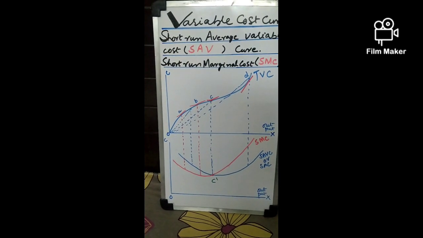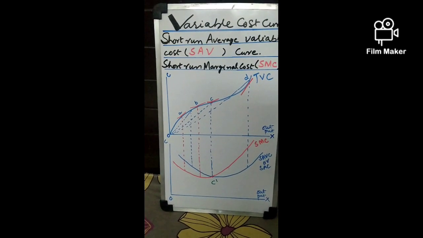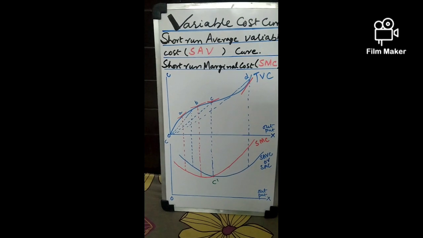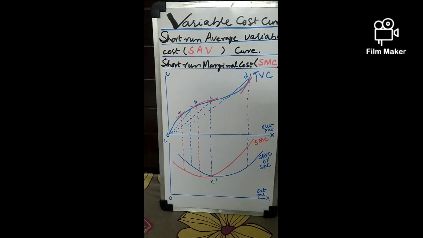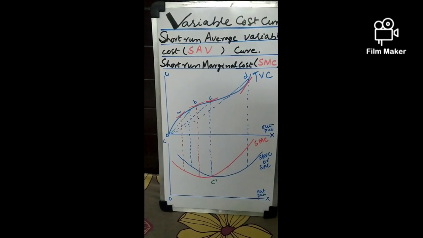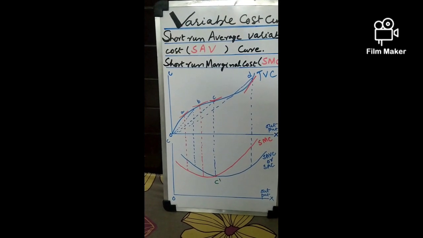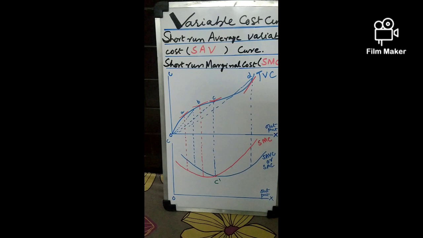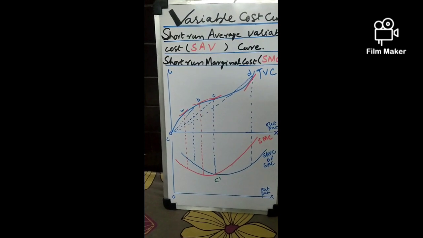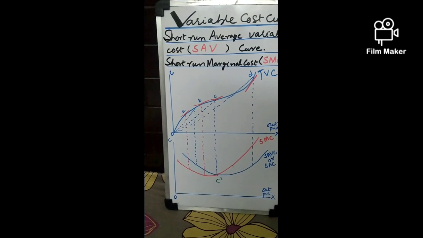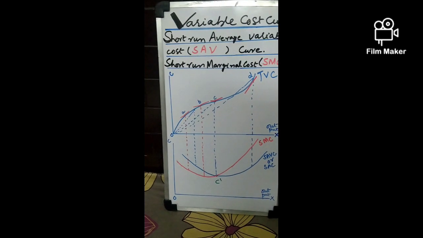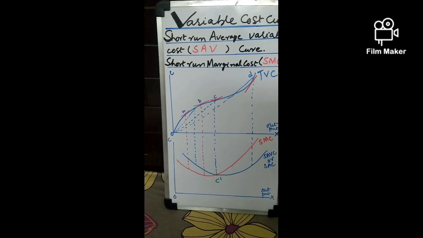The short run marginal cost curve is also U-shaped, and just like the short run average variable cost curve, it first decreases when output increases, then reaches its minimum point, and then it starts increasing with unit production. Both curves are U-shaped.